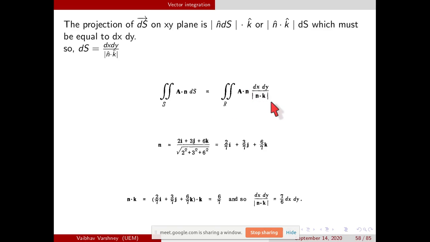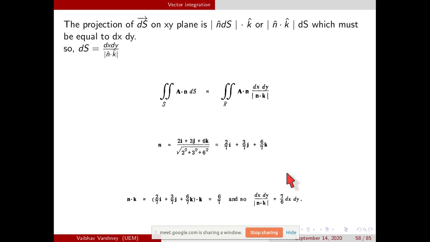Now we will calculate this n dot k. When we do the dot product with the k vector, only the last term remains, this 6 by 7. So dx dy upon n dot k will be 7 by 6 dx dy. Any problem in this term? No, sir.